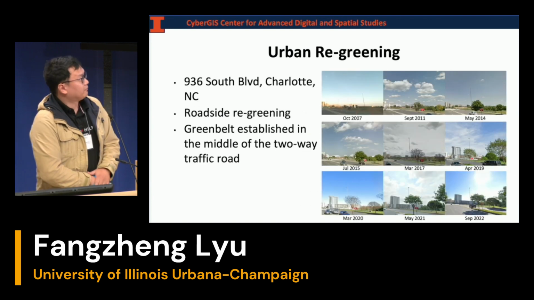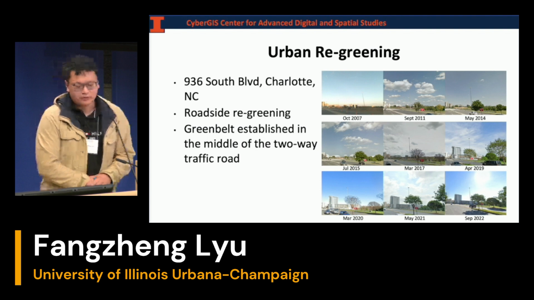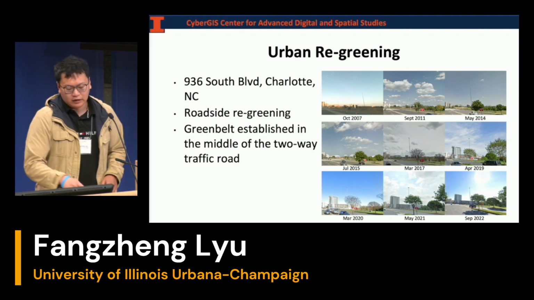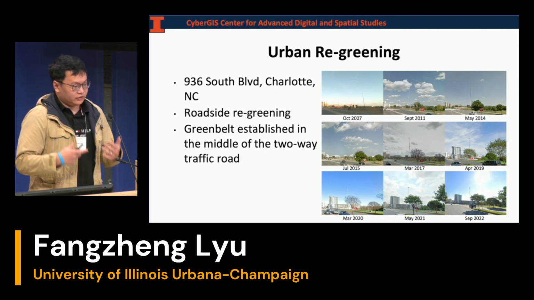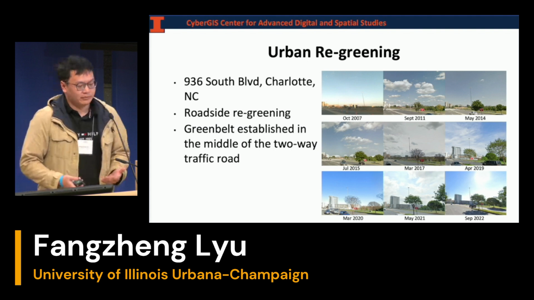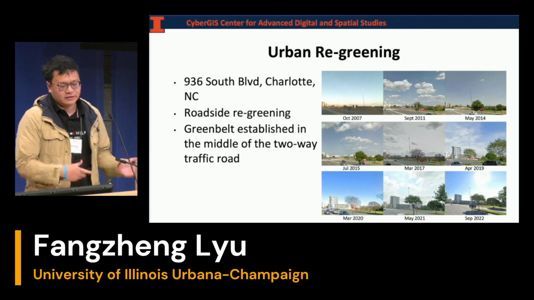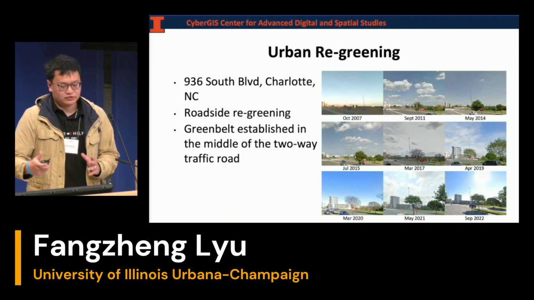Okay, the second example we would like to look at is urban regreening. This example, we found at 936 South Boulevard in Charlotte. There are two types of urban regreening happening. The first is the roadside regreening, and the second is the green belt getting established in the middle of the two-way traffic.